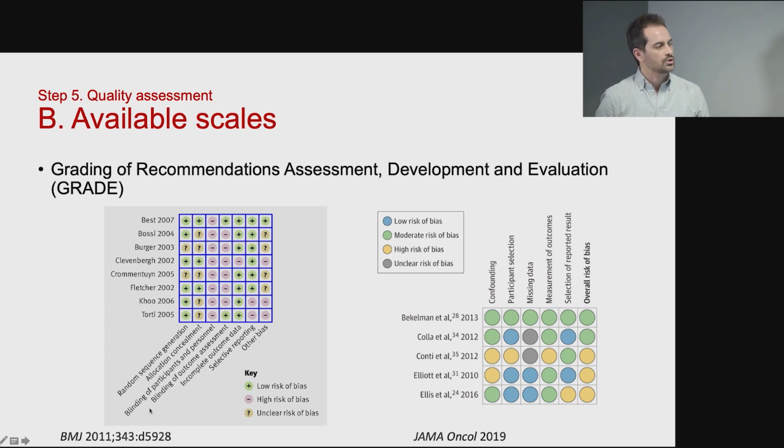This is useful for randomized controlled trials. For example, they have items where you judge the random sequence generation, whether it's good or not. They make no sense for all studies, but I see that in other papers, they adapted the same system, just changing the items. But you can find scales that are specific to your design.